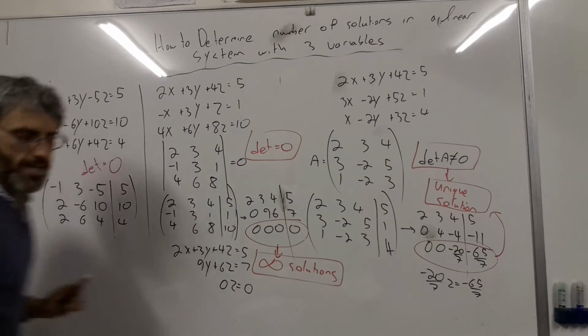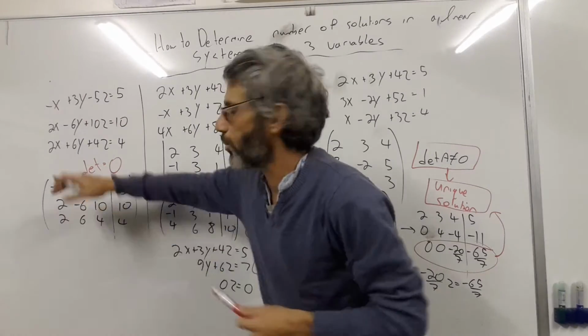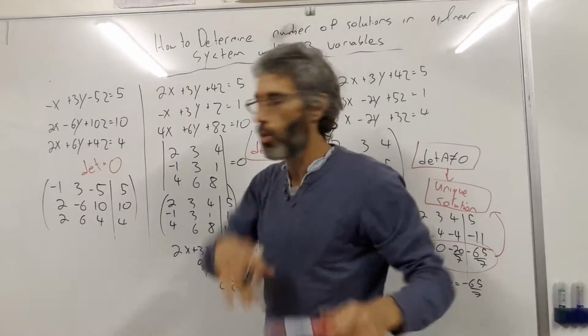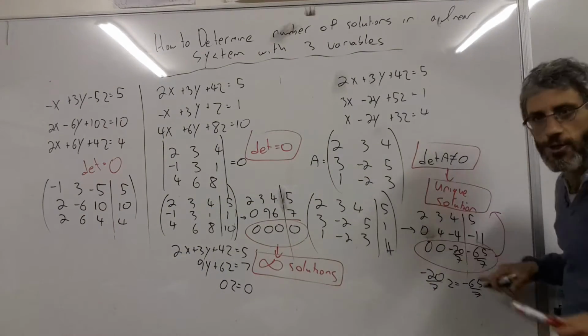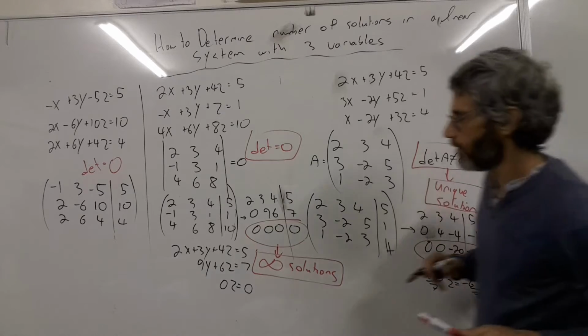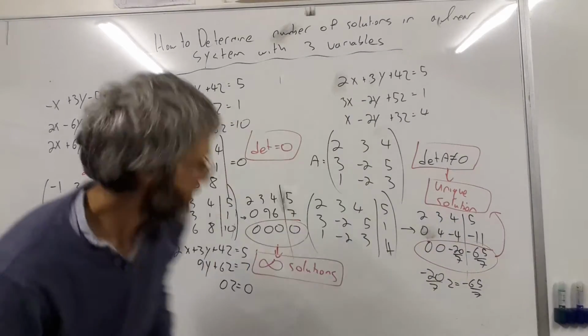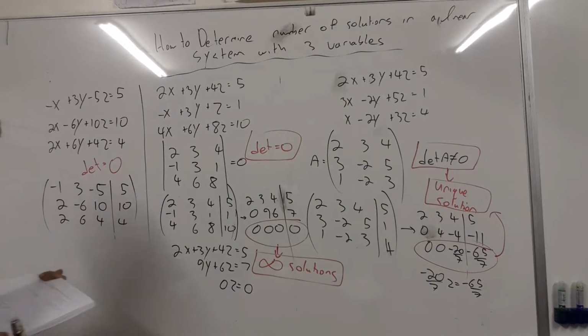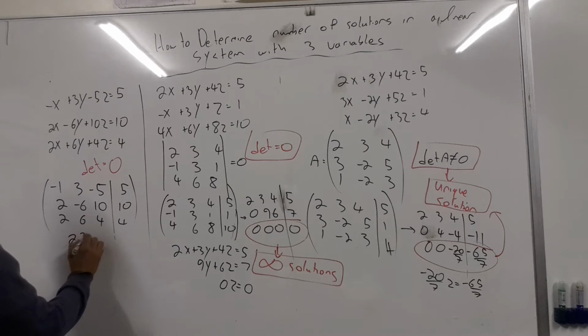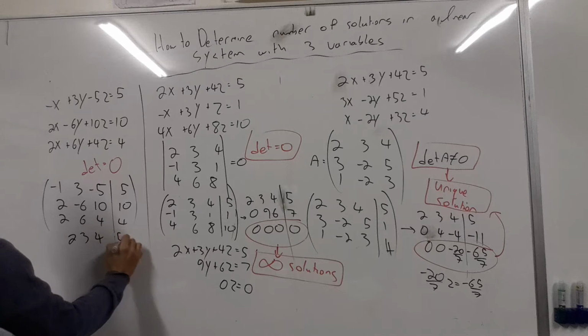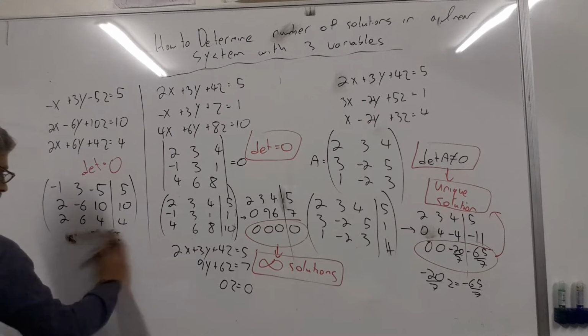And then at this point, we start to do row operations, adding rows, subtracting, multiplying, until we try to turn it into something that looks like this, reduced row echelon. But what happened in this case, when I was working on it, it came out like this. Oh, I should really write an arrow.